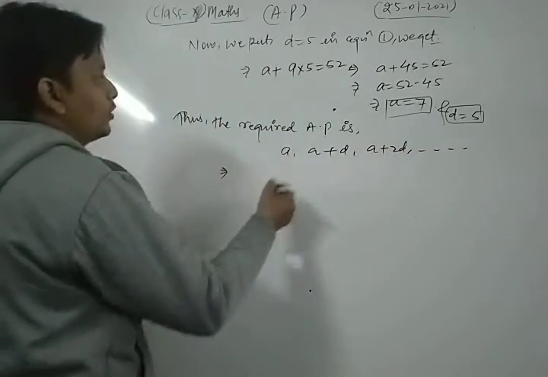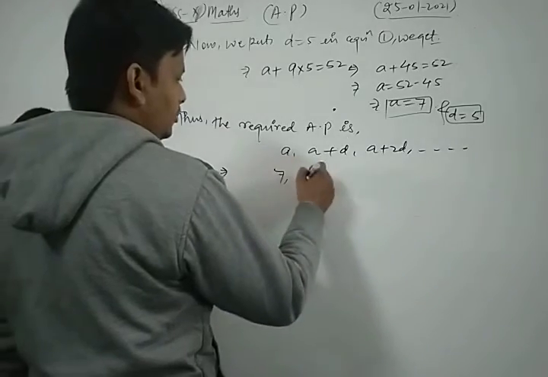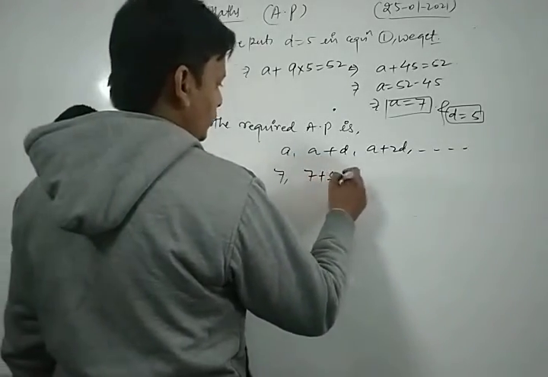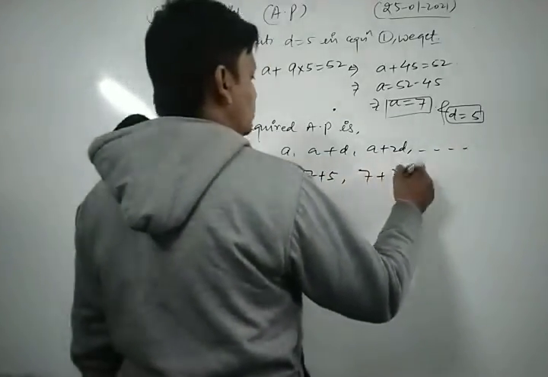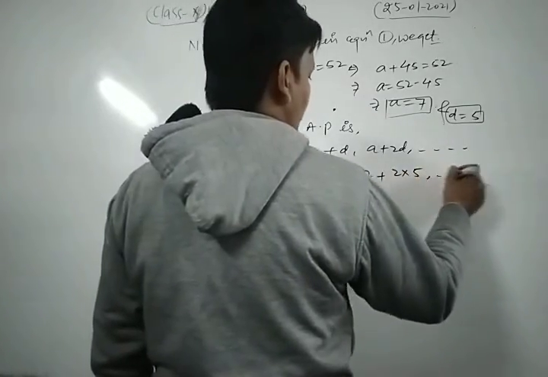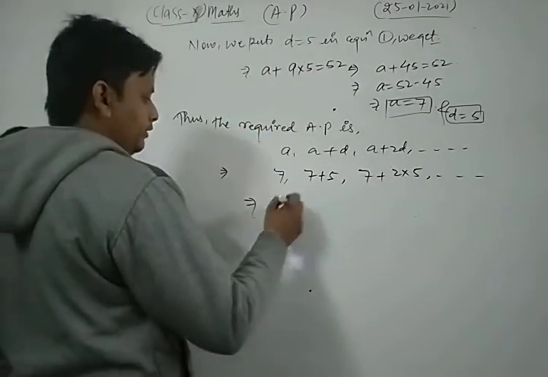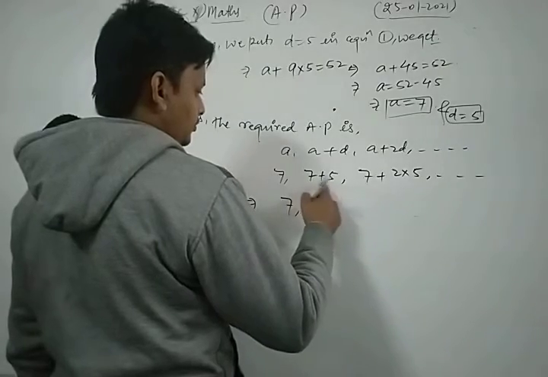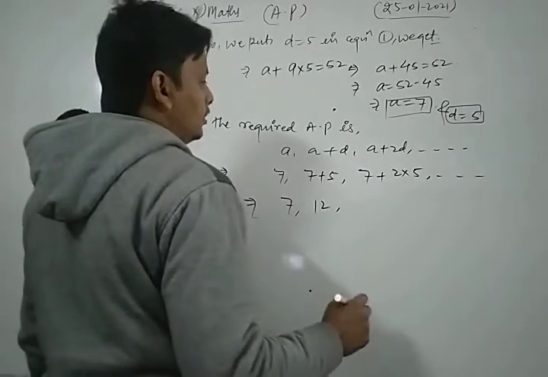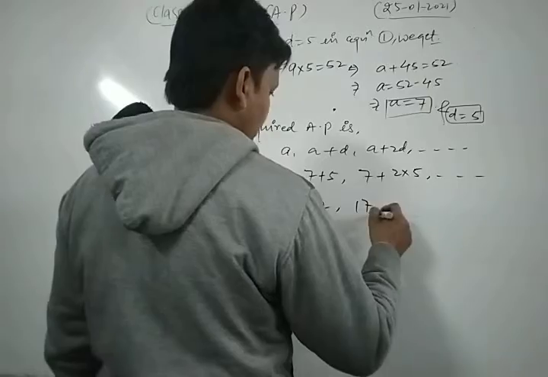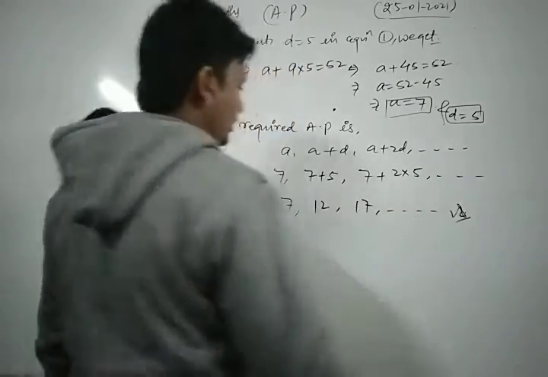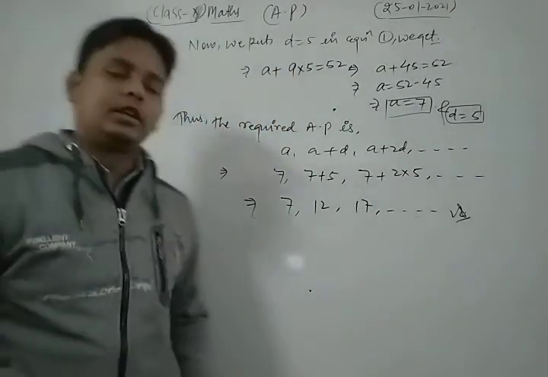That is 7, 7 plus 5, 7 plus 2 into 5, and so on. So we get 7, 12, 17, and so on. This is our required solution of the given question.